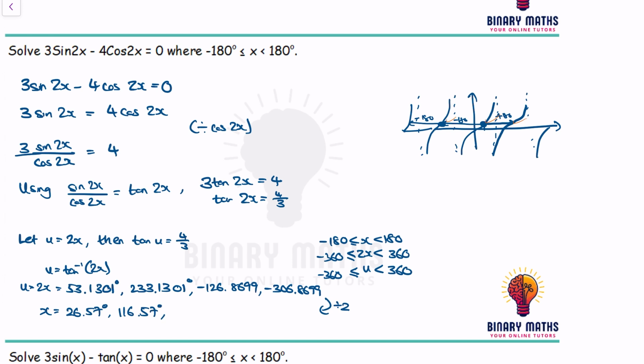Minus 126.8699 degrees divided by 2 gives me minus 63.43 degrees. And the last one, minus 306.8699 degrees divided by 2 is minus 153.43 degrees. And these are all values of x, so these are 4 solutions to my original equation.